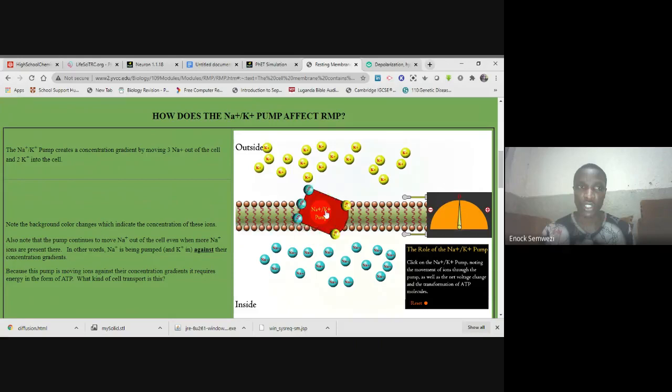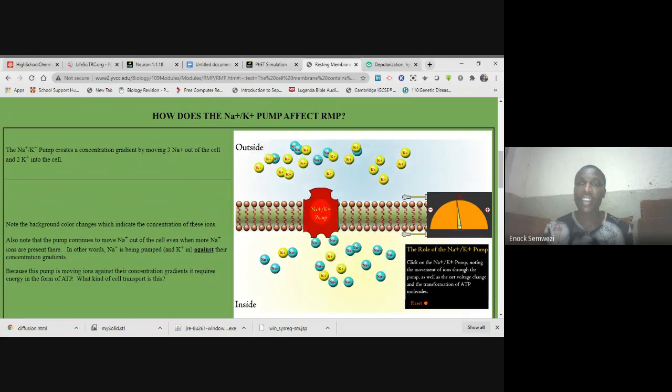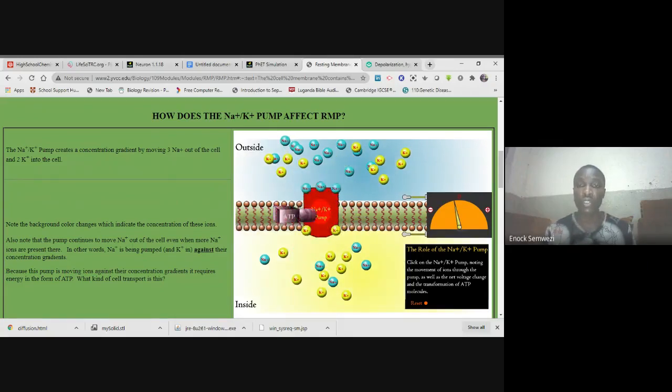I want you to see. So 3 sodium out, 2 potassium ions in, but a single molecule of ATP is used to cause the change in the distribution of ions. 3 sodium out, 2 potassium in.